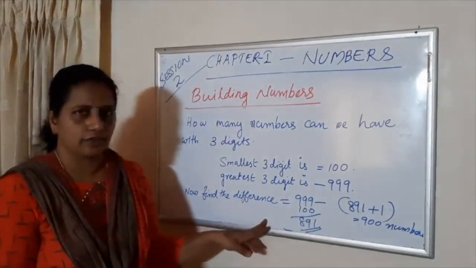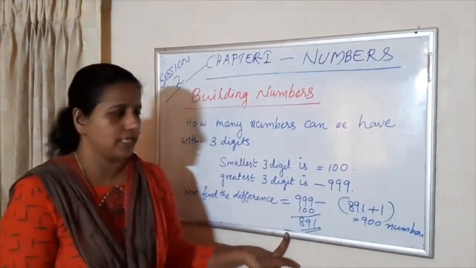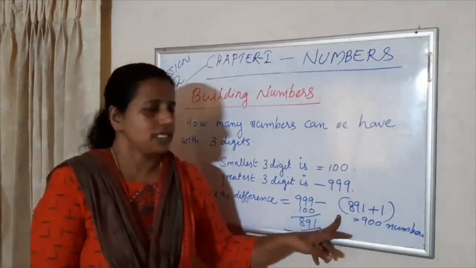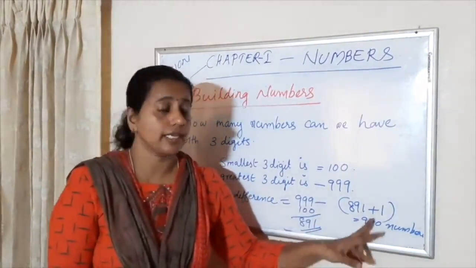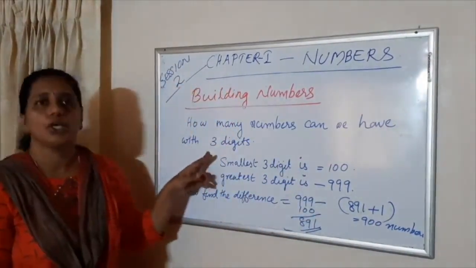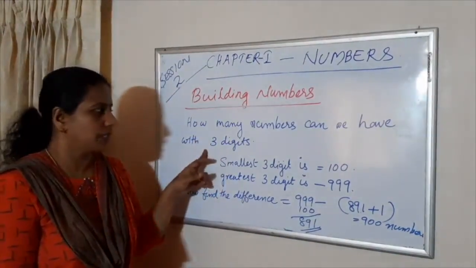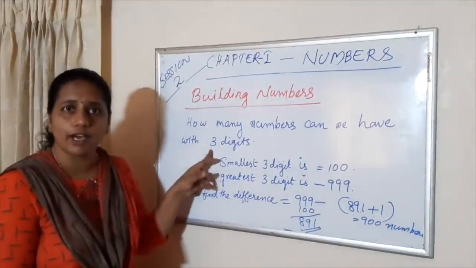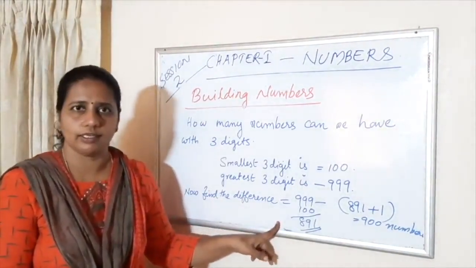Now find the difference: 999 minus 100 is equal to 891. Plus 1, that is 900 numbers. You can make 900 numbers using 3 digits. You can find the numbers with 4 digits, 5 digits, 6 digits, etc. in the same way. Okay.